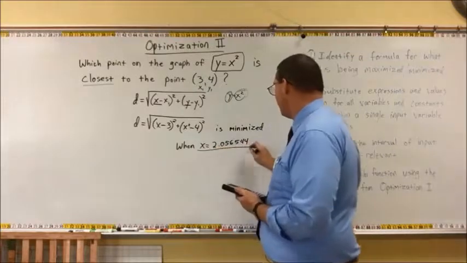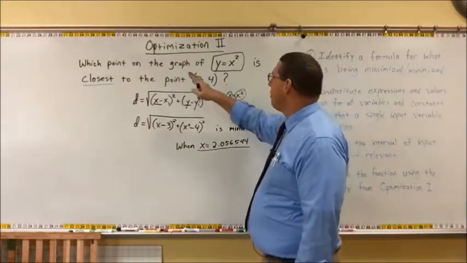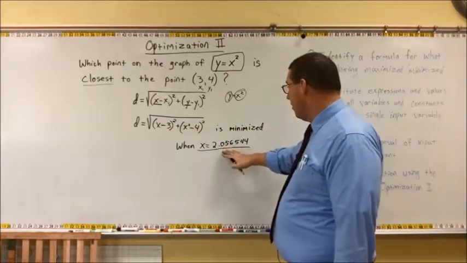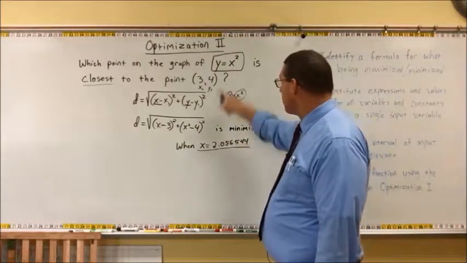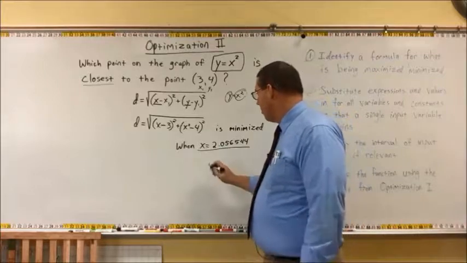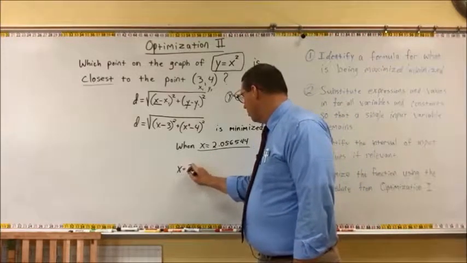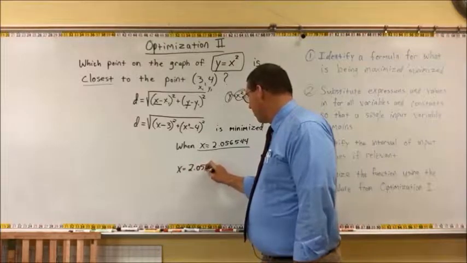That's the x value. Now, to find the point on the graph of y equals x squared that has this x value, we're going to plug this x value into x squared.